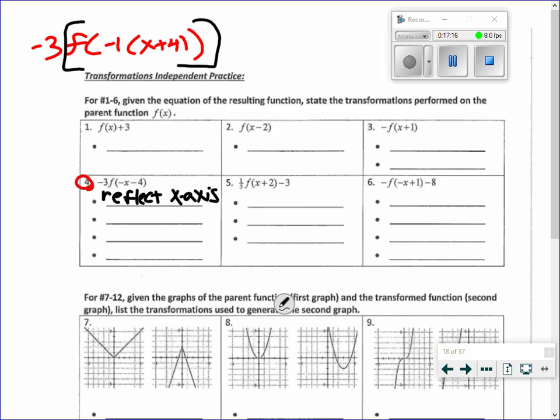And then my next one is going to come from the 3 out in front, which means I'm doing what? Stretch by 3. And then, what about the negative inside? So reflect over the y-axis.